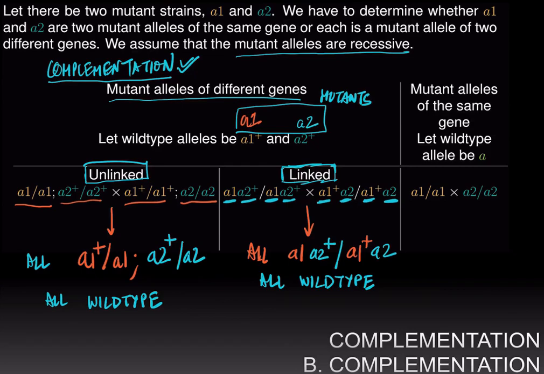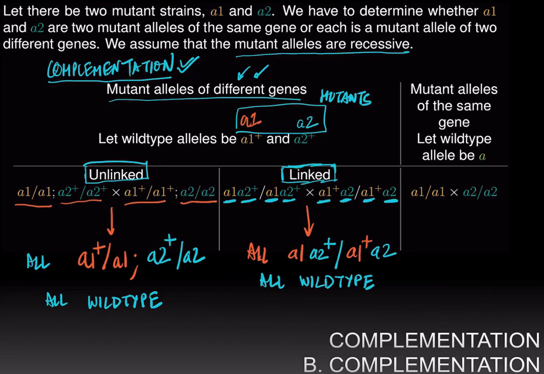Therefore, if these two strains that we have isolated are actually mutant for two different genes, crossing the two strains together will give us all wild type progeny, and because the genes complement each other, we know that we are dealing with two different genes that control the same phenotype or trait.